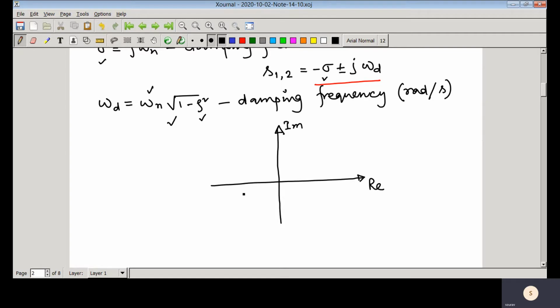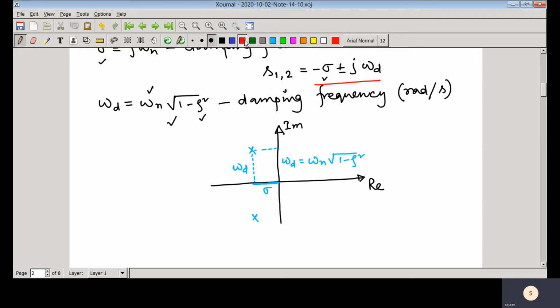So that is minus sigma, that means on the left hand side, the negative side, and plus minus j. Here you have one pole and here you have another pole, they are complex conjugates, and here we can see that this is actually omega d, on the positive side plus j omega d, on the negative side minus j omega d. So this particular length is omega d, where omega d equals omega n square root of 1 minus zeta square.